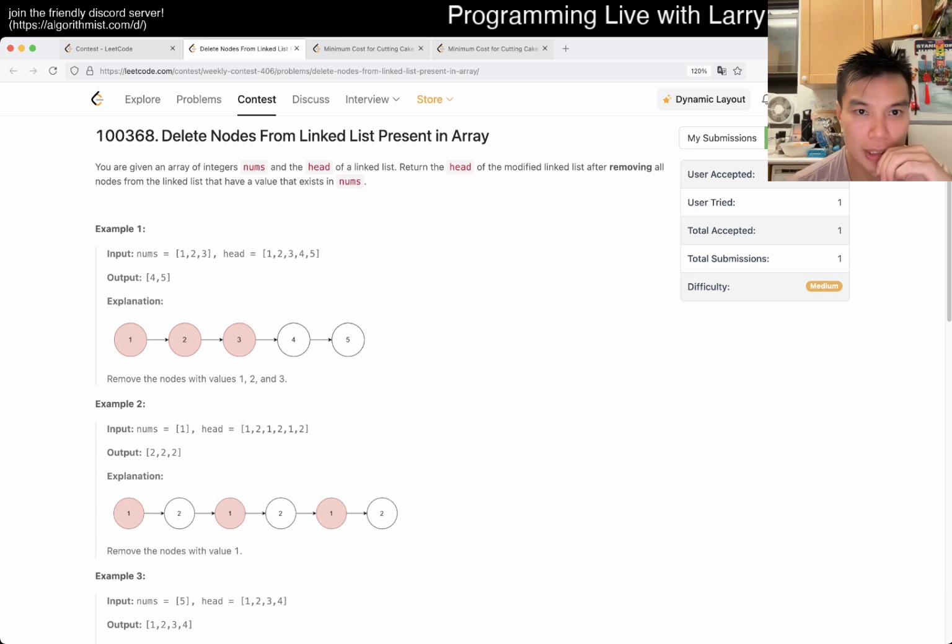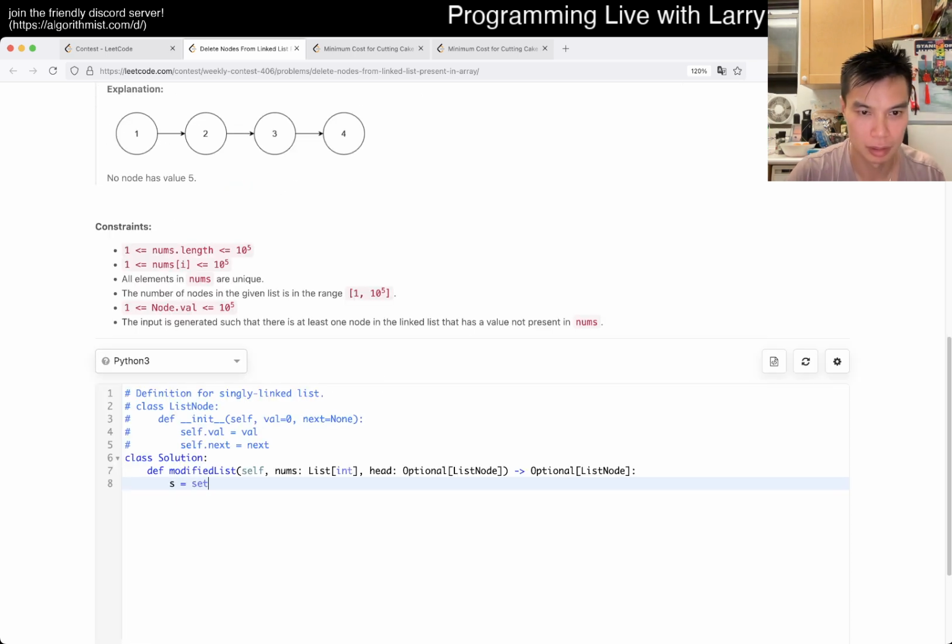And the head of a linked list. What are these heads? Oh, this is an array, and this is a very poor representation. Okay. Yeah, just do it lazily.